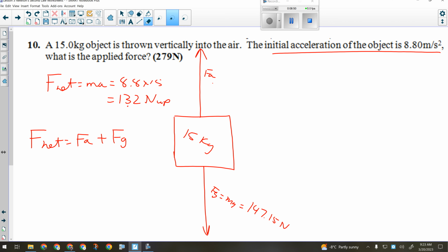The net force is the extra amount of force I used when I was throwing it. Because I had more than I needed to get it moving, it accelerated. Does everyone kind of follow how that attaches to Newton's second law? Okay, so now, mathematically, what that looks like is, I want to solve for FA. So I'm going to subtract FG over to the other side.